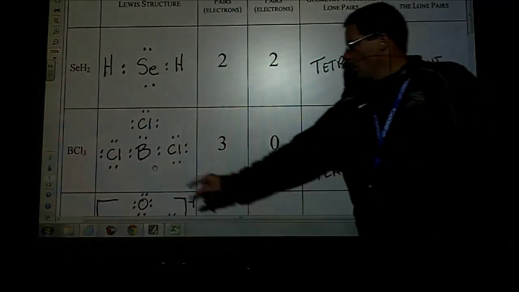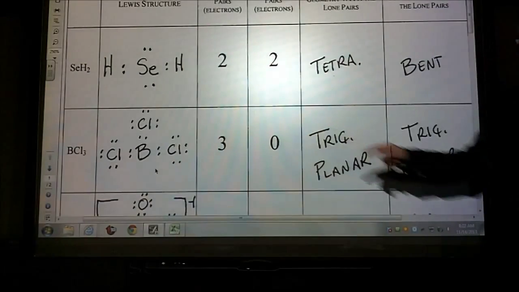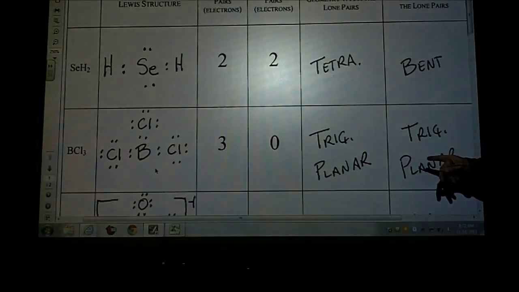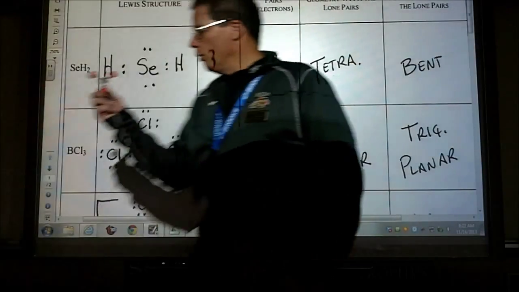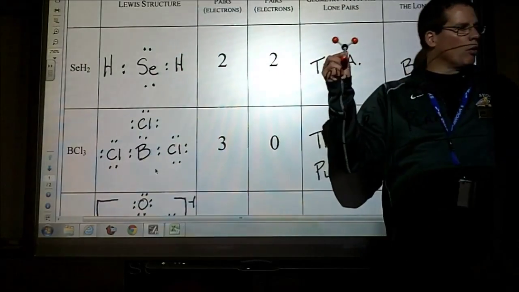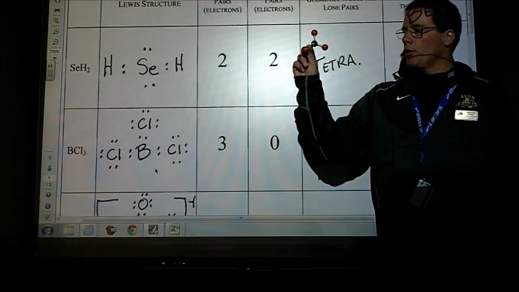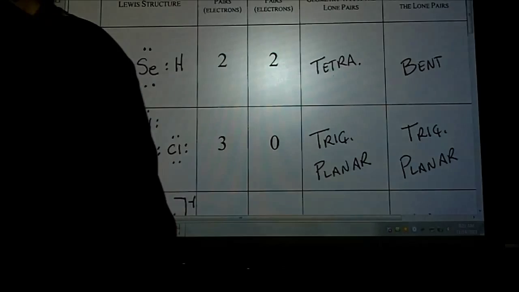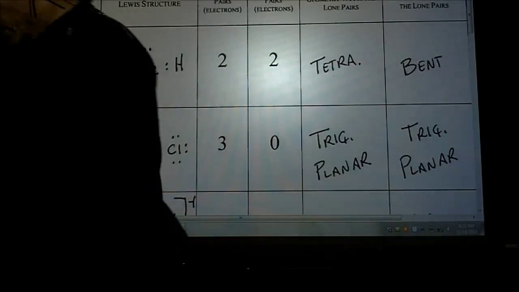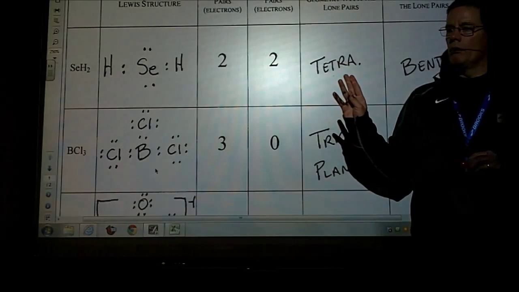So in this case, we have a trigonal planar structure, and since there's no lone pairs of electrons, the name's the same. So looking at this, we're looking at a trigonal planar shape. Is that polar or nonpolar? Nonpolar, very good. Because all the external atoms are the same and there's no lone pairs, it's automatically nonpolar, okay?